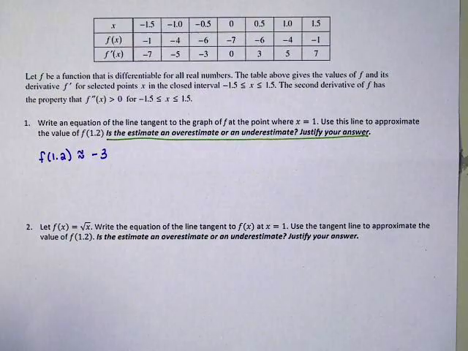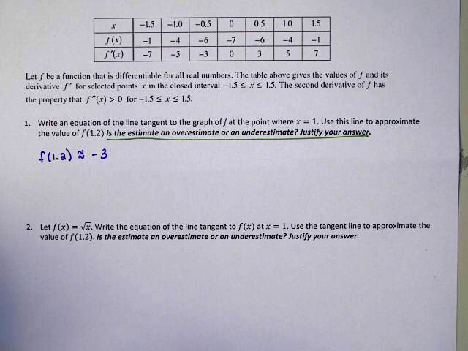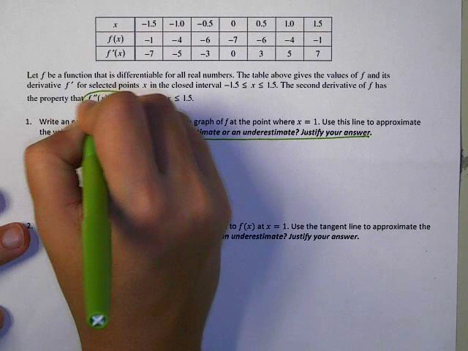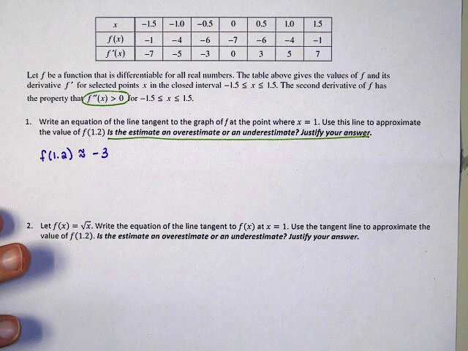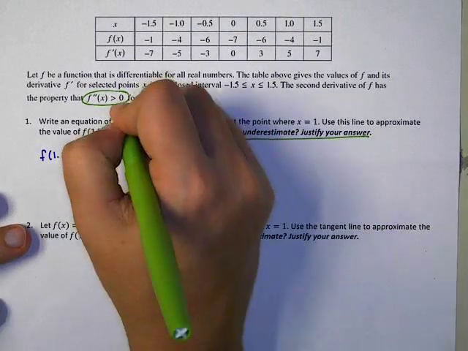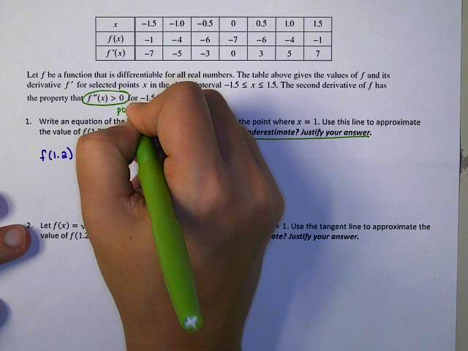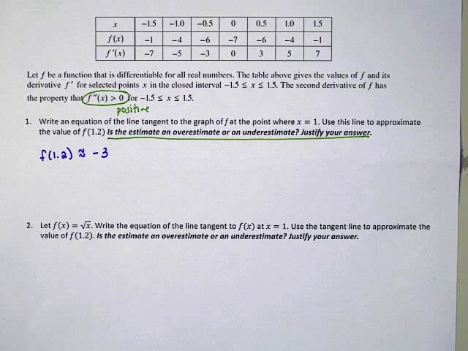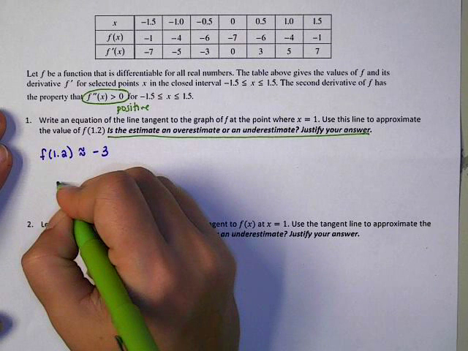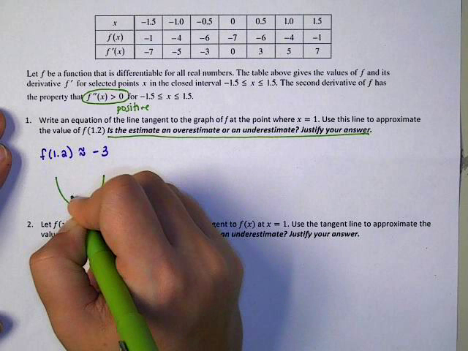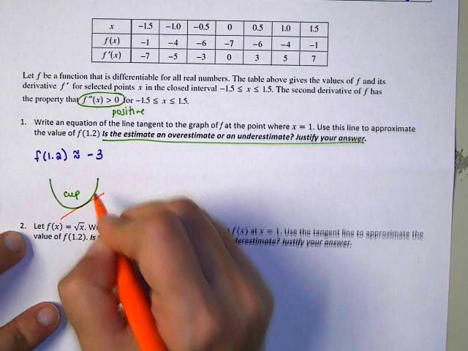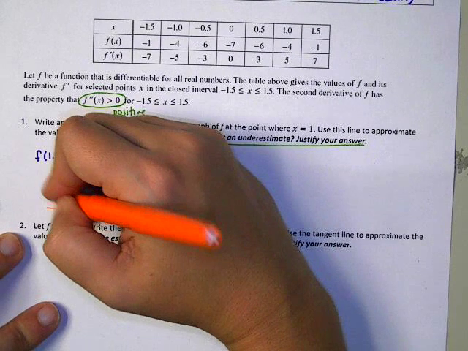What we're going to do now is look back at something very important that was actually in the instructions. In the instructions, it told us that the second derivative is greater than 0. That means that it's positive. If your second derivative is positive, and I would always draw this on my paper, I would never try to memorize this, then my graph is concave up like a cup. So all of my tangent lines are below the curve.